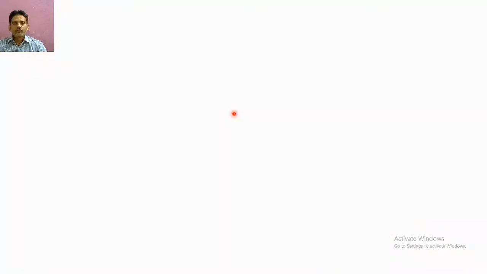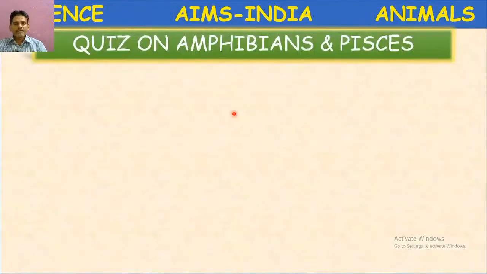So let us test ourselves on what we have understood in this lesson, amphibians and fishes. Before going to the quiz, briefly I will review. Amphibians are the animals which live both on land and in water. Fishes are purely aquatic, living only in water. There are two types of amphibians, tailed and tailless.